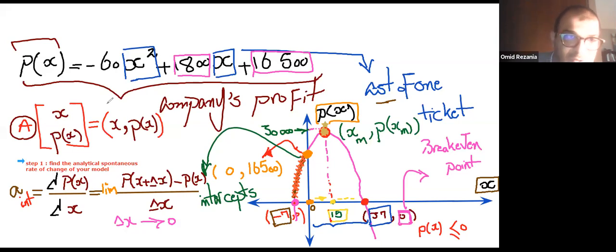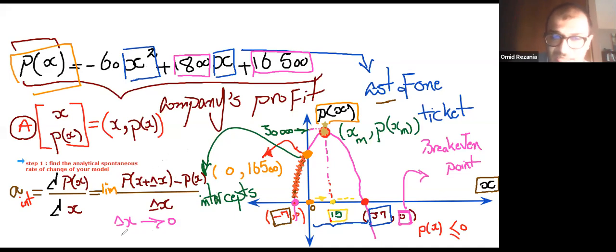We go to our model, which is P of x here. Wherever we see x, we replace it with x plus delta x. Then we subtract P of x itself. Then we simplify some terms which are going to vanish. Then we factor delta x and remove delta x from the denominator with the one factorized at the numerator.